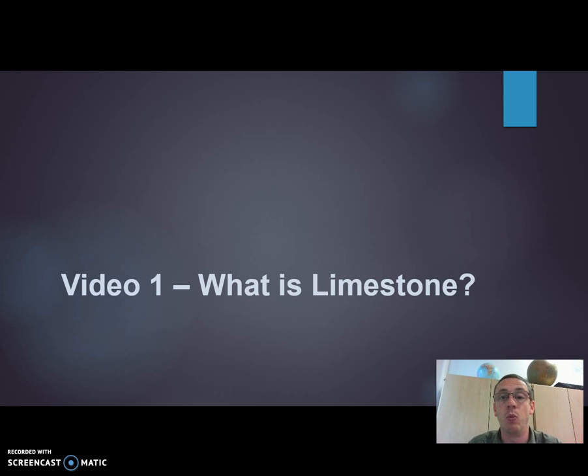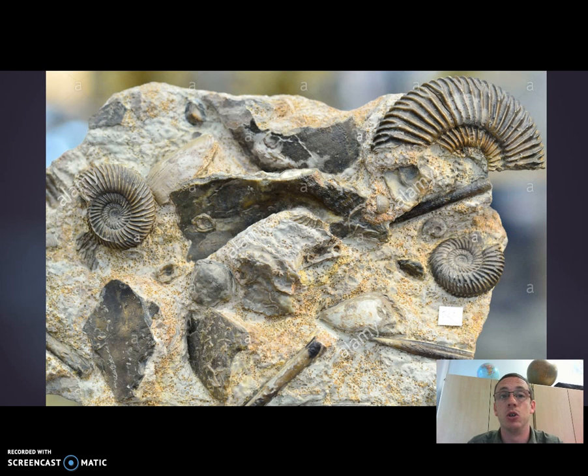So, first, what actually is limestone? This is a nice picture of a bit of limestone. It's a sedimentary rock laid down millions of years ago, very commonly in warm tropical seas. It's made up of the remnants of tiny sea creatures.